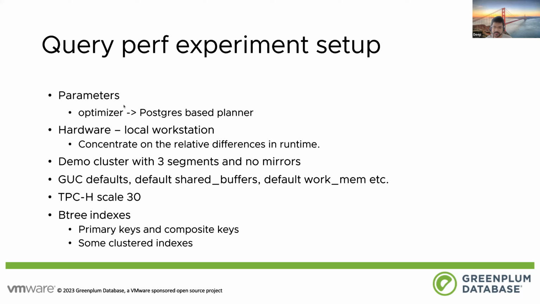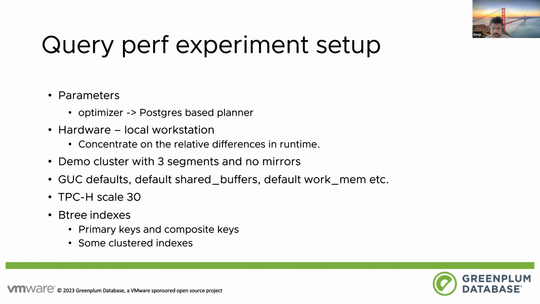We're doing a very simple experiment here with Planner and a local workstation, so nothing crazy, nothing elaborate, and a demo cluster with 3 segments and no mirrors. All default GUCs, default work_mem, default shared buffers. We're using TPC-H scale 30 and a mixture of primary keys, composite keys, and some clustered indexes for the B-tree indexes.